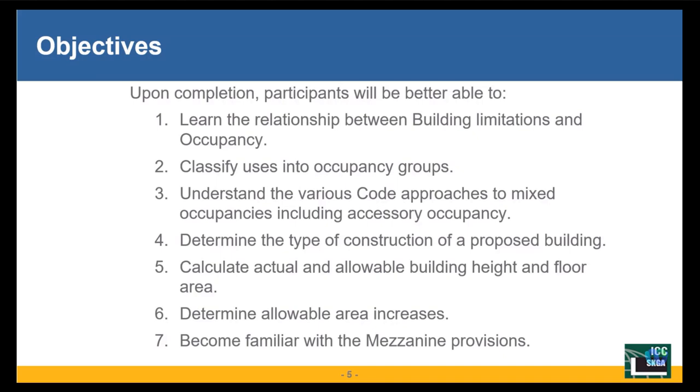So that's why we emphasize that you have to understand the occupancy groups and the type of construction, and also all the modifiers and the increases allowed in the code, so you can make sure that the type of construction you're dealing with and the occupancy is the appropriate one.